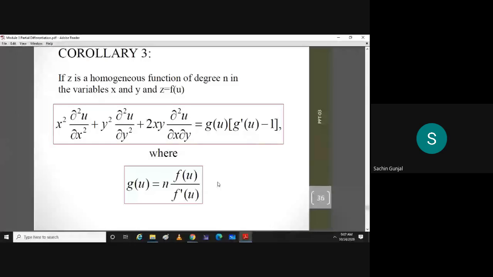Up to this step? Please respond. Now you substitute g of u here. So minus 1 by 12 tan u into bracket minus 1 by 12 sec square u minus 1.